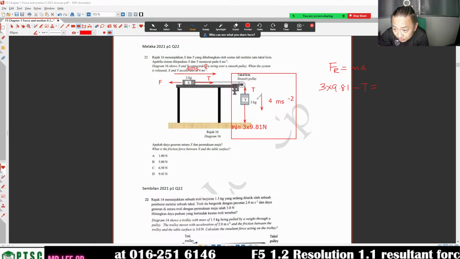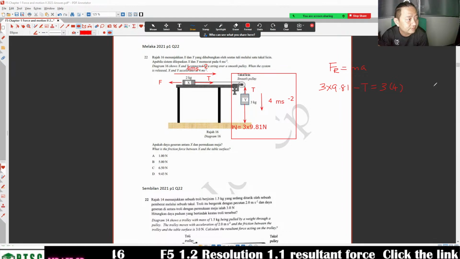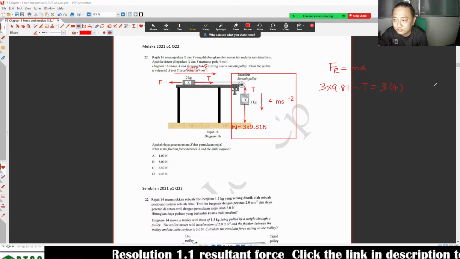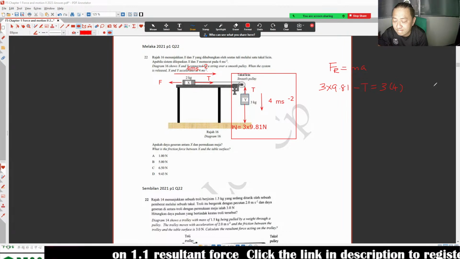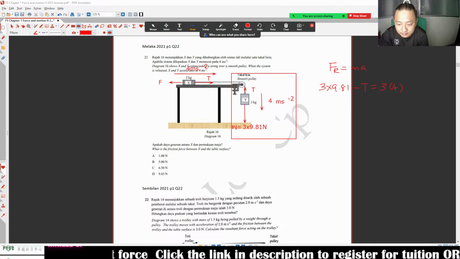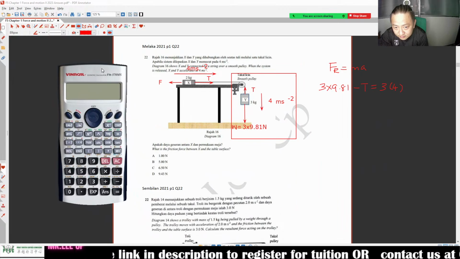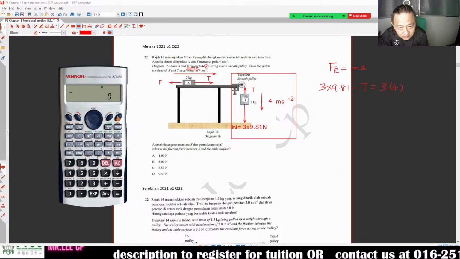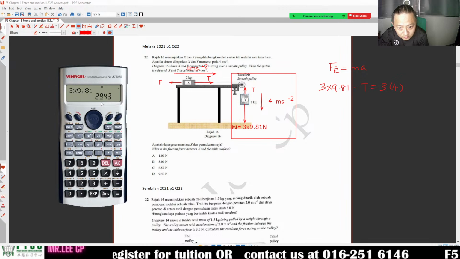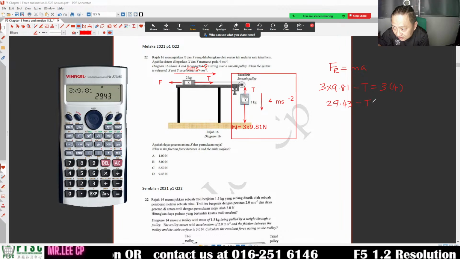M is 3 kg, A is 4. 3 times 9.81 is 29.43. So 29.43 minus T is equal to 12.